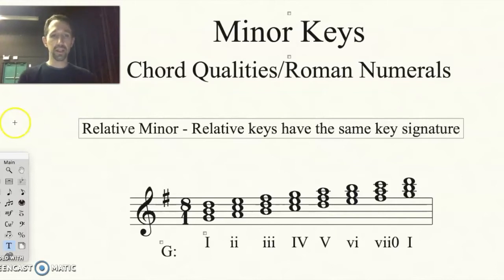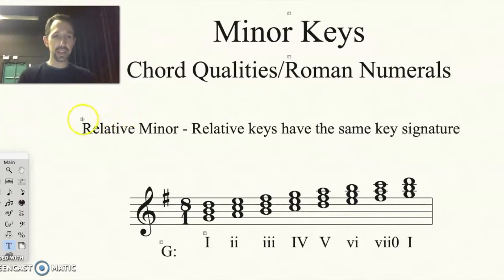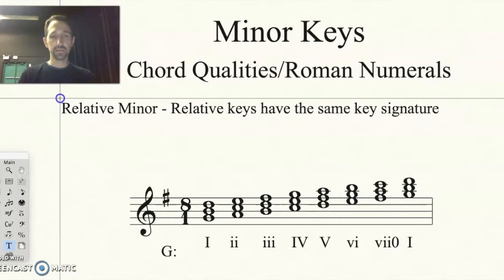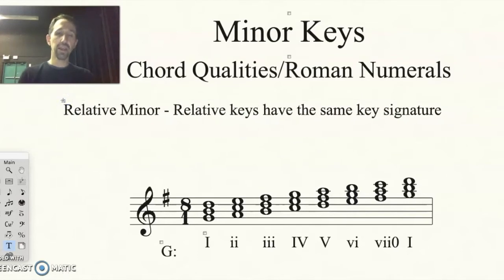If you want to think of it like a key signature is sort of like DNA, relatives have similar DNA. I guess that's a bad analogy, because relatives don't have the exact same DNA, whereas relative keys have the exact same key signature. So in this case, 1 sharp could mean G major, but it also could mean E minor.